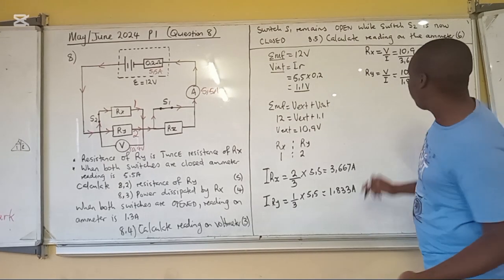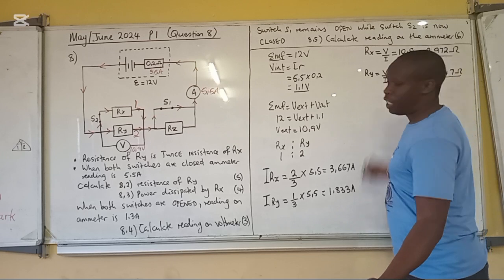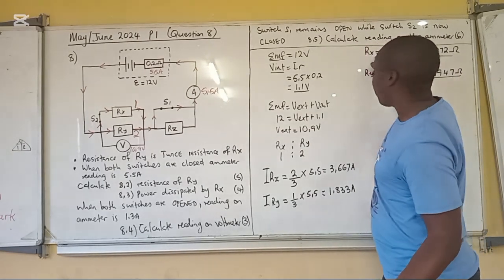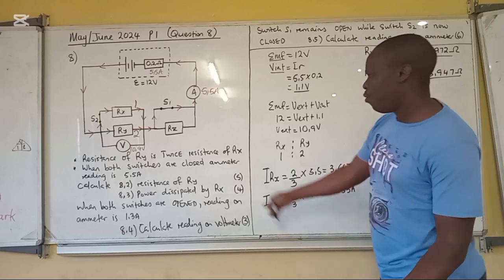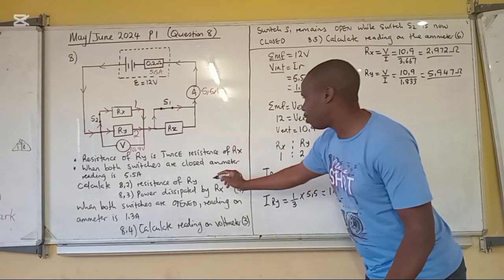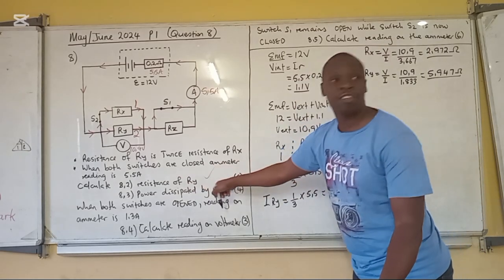Okay, so those are the resistances of the two resistors Rx and Ry. Now you can see that we have already answered the question: calculate the resistance of Ry.